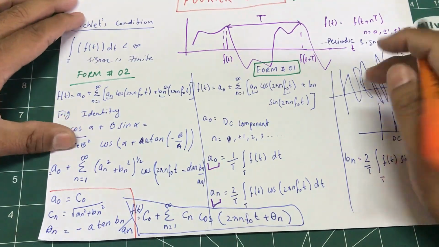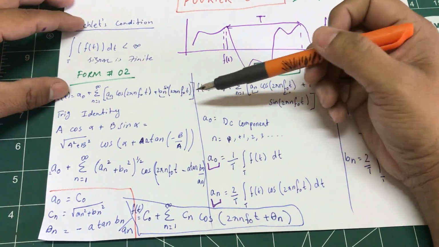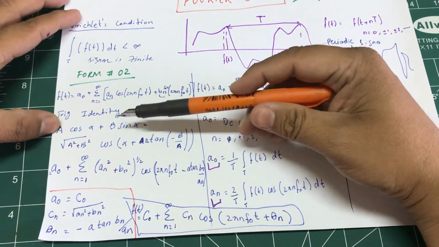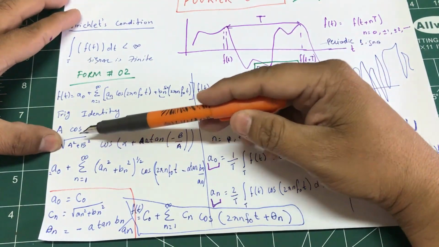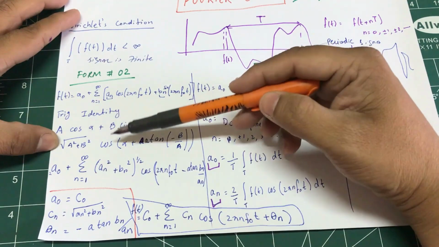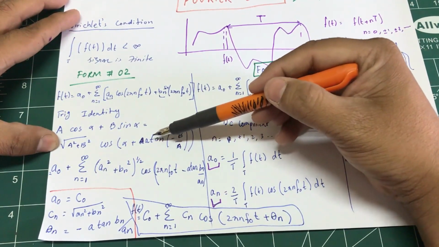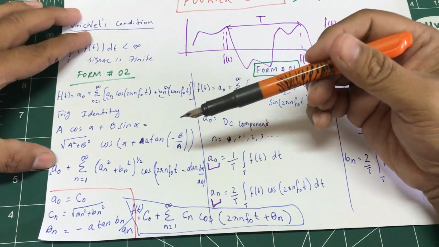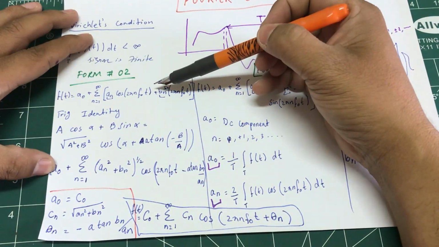All right, so first form is this. Second form, what I have done is exactly the same thing. I've written that down. I use my trig identity a cos alpha plus b sine alpha equals the square root of a squared plus b squared, cos of alpha plus arctan, times negative b over a. I have just simply applied this identity on these terms.